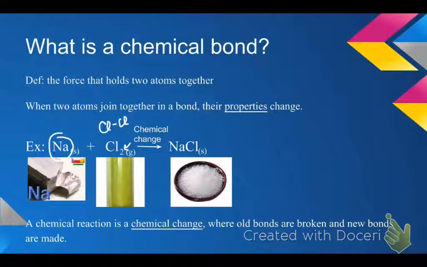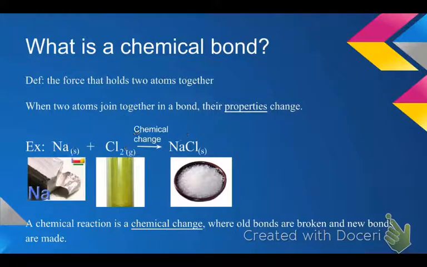And that stuck togetherness is the bond between the two. So that's the bond. Cool. So if I break that bond and I make a new bond between Na and Cl, that's going to cause the properties to change. So that Cl, instead of being bonded to a chlorine, is now bonded to a sodium.